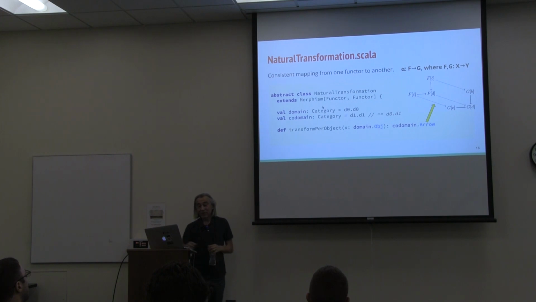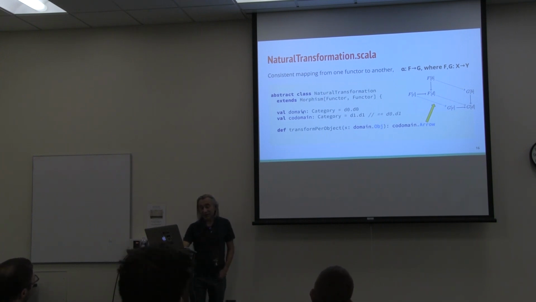So here they're inside. So the domain for this morphism would be what? It's a category, this category, right? Well, no, the domain of the morphism is, of course, F, and the codomain is G, but we also need to say what category we are talking about. So the category is D0. D0 is a functor, and that is the category from which that functor is.